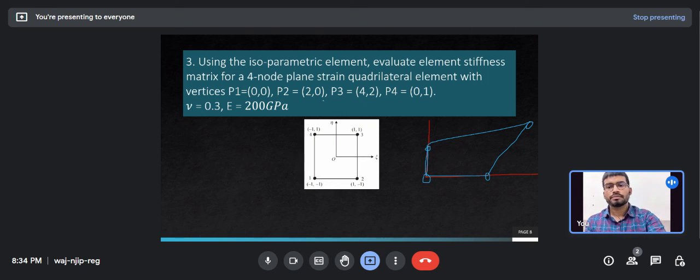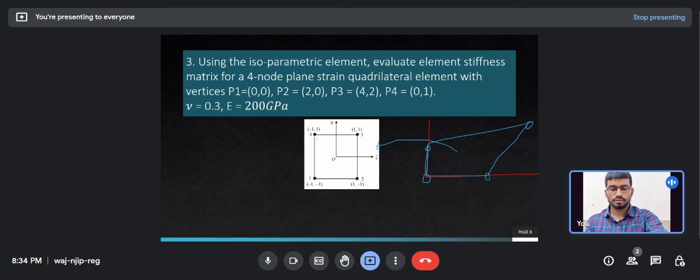And for this element, we have to evaluate the stiffness matrix, and to determine the stiffness matrix, first we have to determine the shape functions. Here I have used the natural coordinate system to determine the shape functions of this four-noded quadrilateral element.